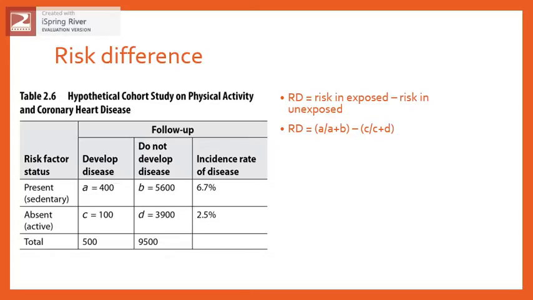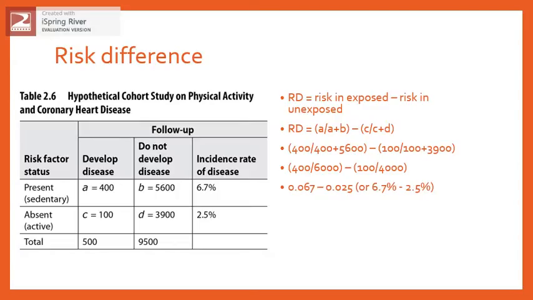So you can calculate the risk difference as A over A plus B minus C over C plus D. And if you did that, you would get 400 divided by 400 plus 5,600 minus 100 over 100 plus 3,900, or it's broken down for you further on the slide, 400 over 6,000 minus 100 over 4,000.